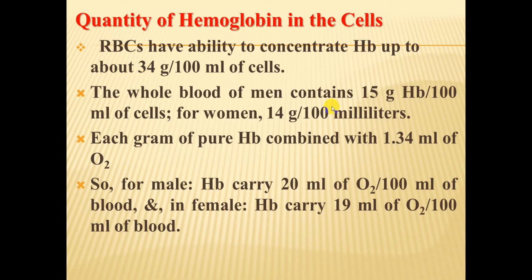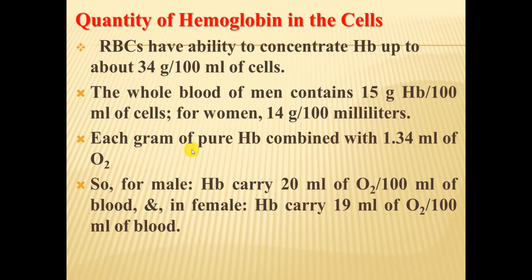But normally for male there is 15 gram of HB, and for female or women only 14 gram of HB per 100 milliliters of the cells. But it is able to reach this number 34 gram.